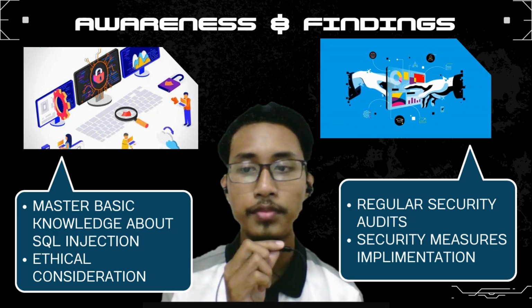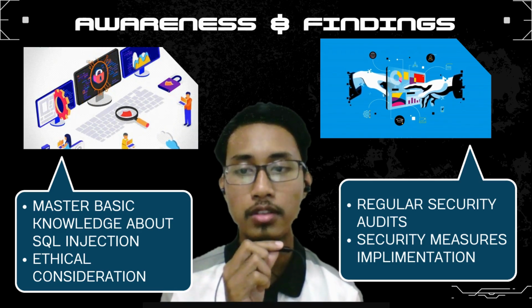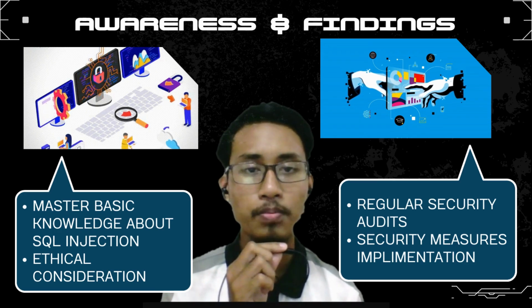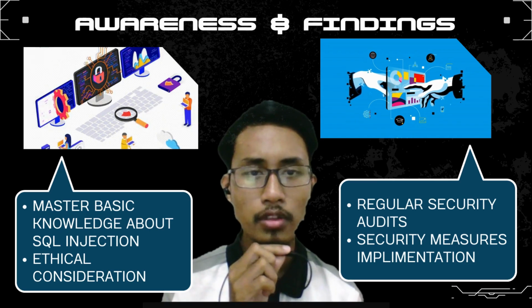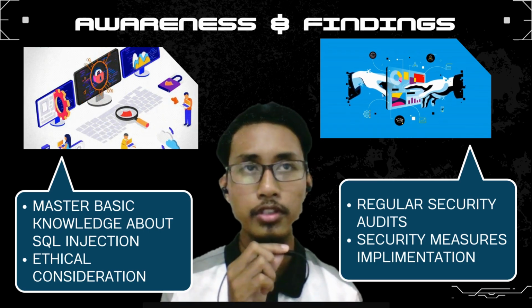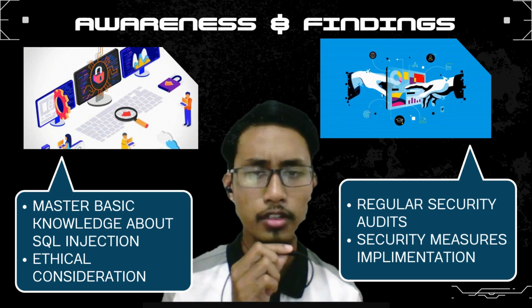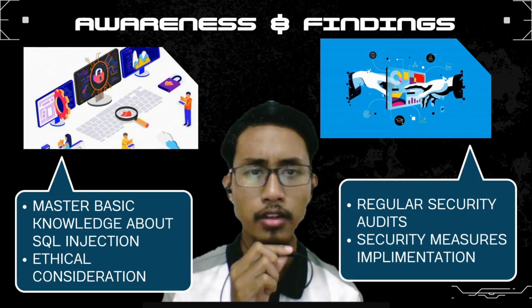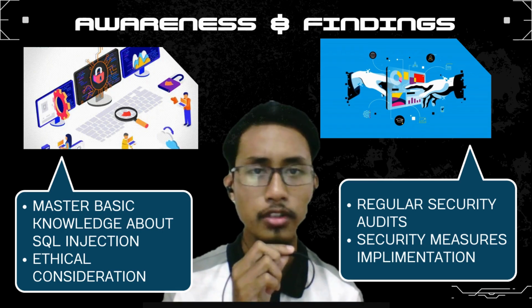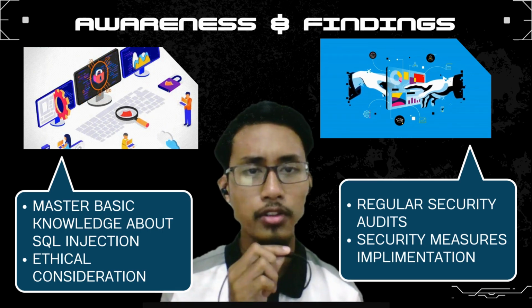And the last one, we should implement security measures, like right now people are exposed to this. Use a strong password, use a firewall, and use multi-factor authentication. We also have biometric authentication, and then input validation and parameterized queries. All this is to prevent SQL injection attacks.